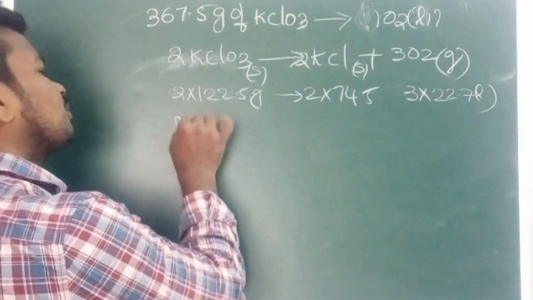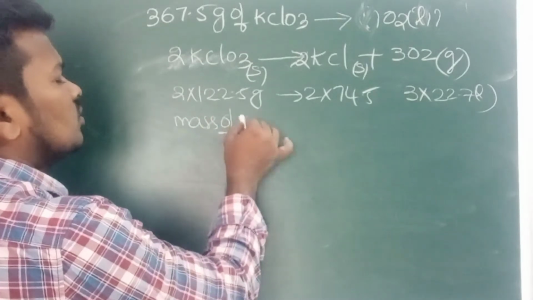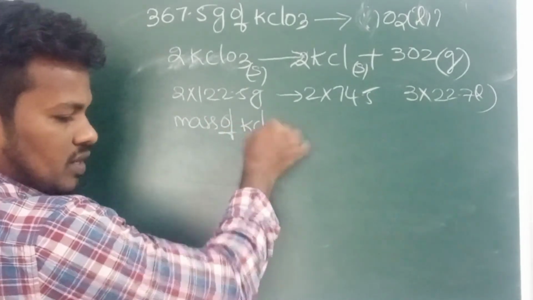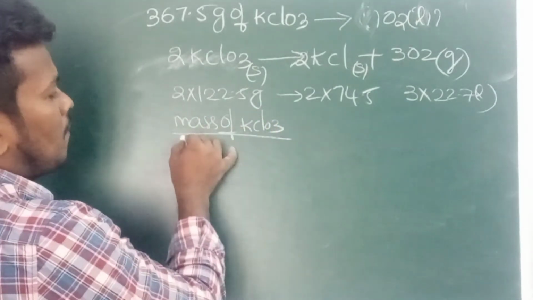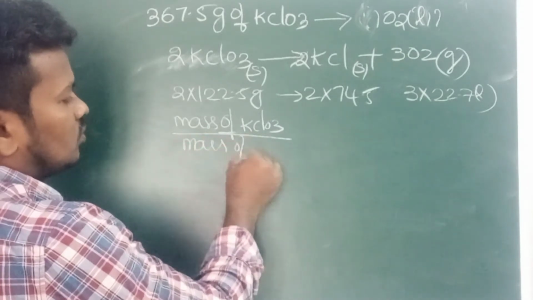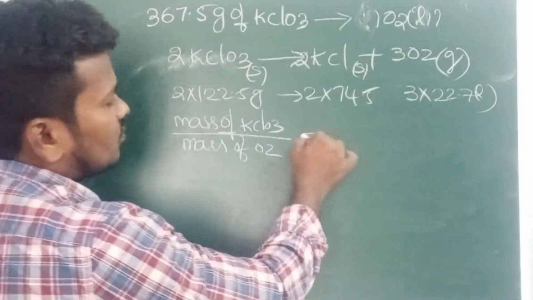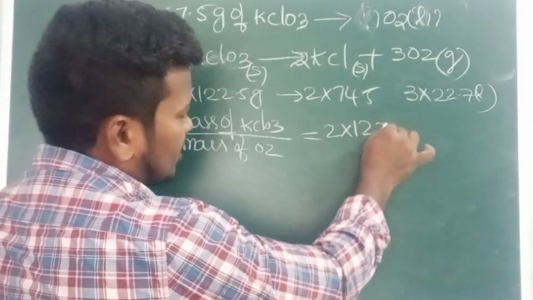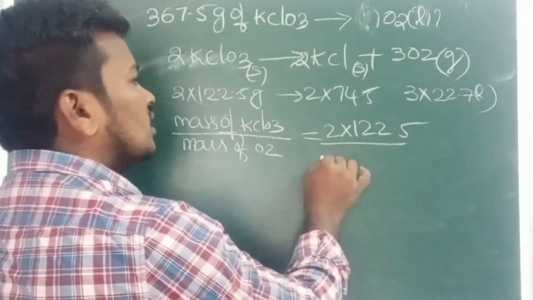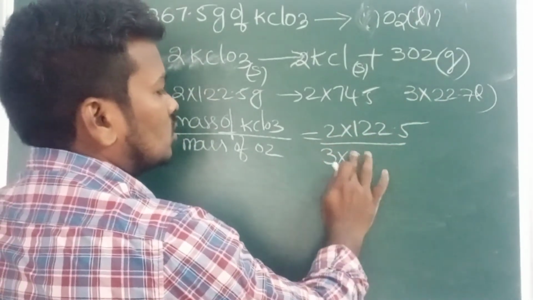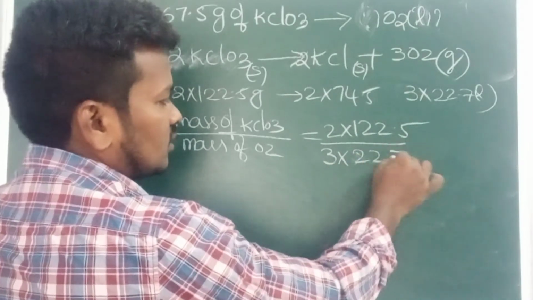Now the mass of KClO3 upon the volume of O2. Mass of KClO3 is 2 into 122.5 grams, upon 3 into 22.7 liters.